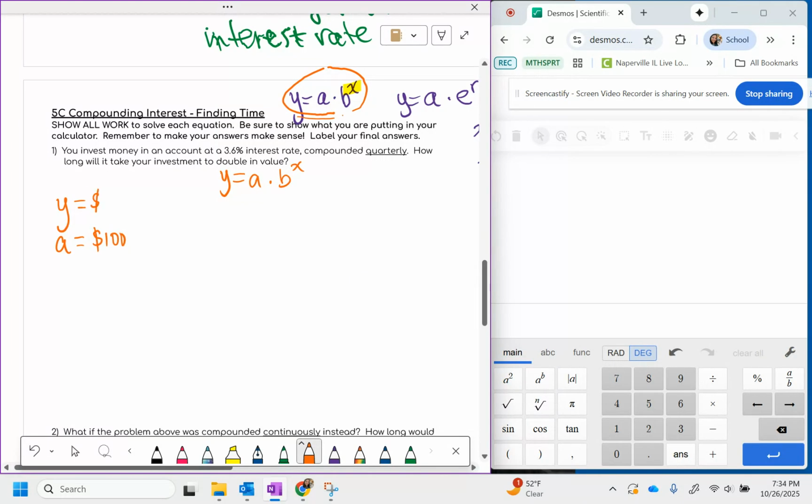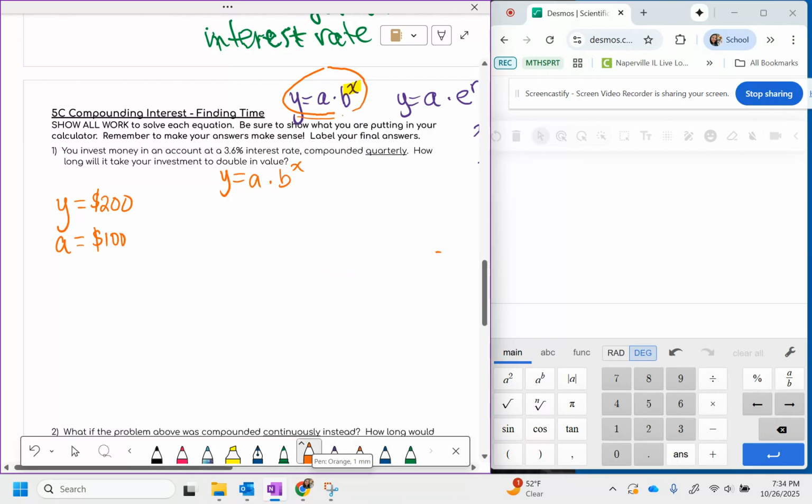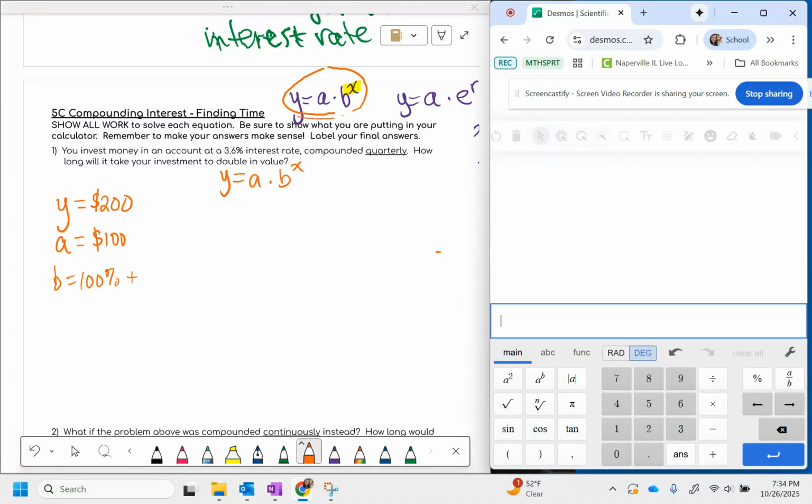And then since I want it to double, my y will be 200. And then my b value is 3.6% compounded quarterly. So my b is, I have to figure it out using the 100% plus the 3.6% over 4 quarters.